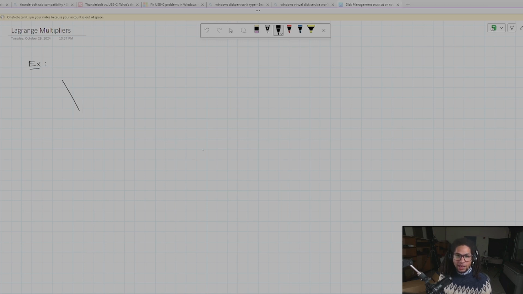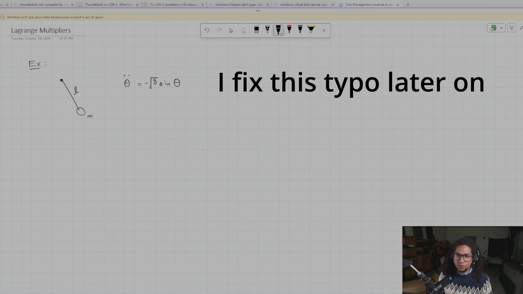The example we'll look at is just a pendulum. Okay, so this will have mass m, length L. Now we know that the equation that we get here is theta double dot is equal to minus sine of theta times root g over L, if this angle here is theta.